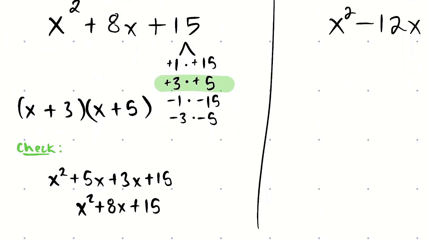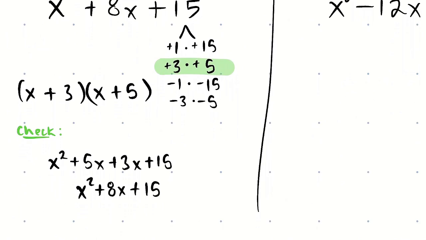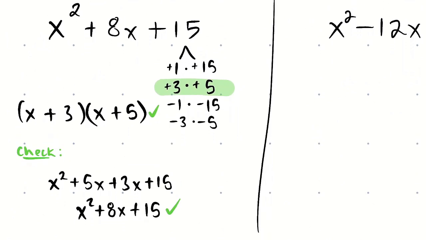So we end up with what we started with, so that checks. That means our factored answer is correct. Remember, the reason you're finding the factors of 15 is that if we went backwards, those two terms add up to give you the middle term that we started with.